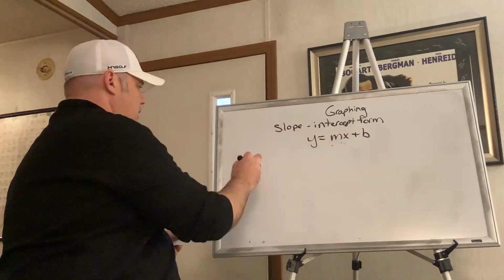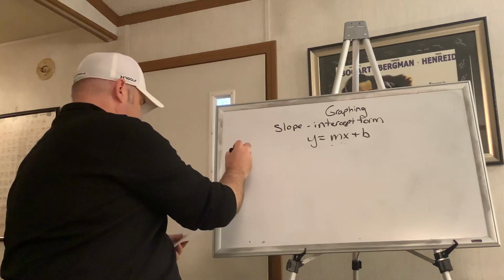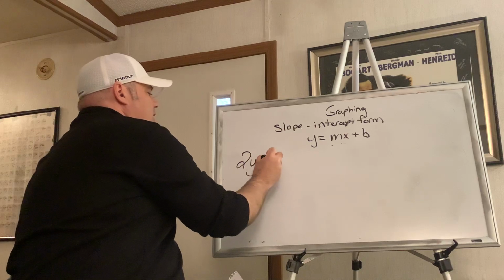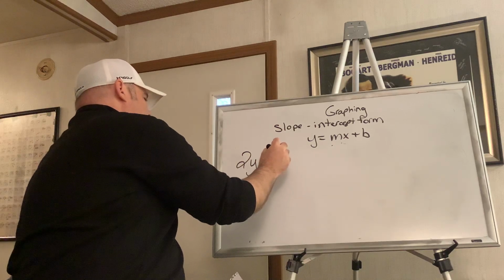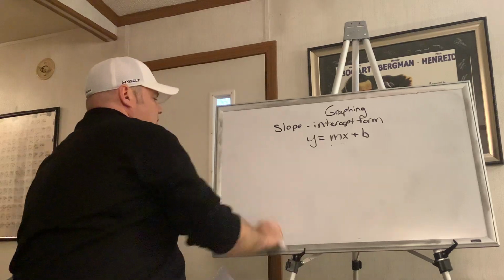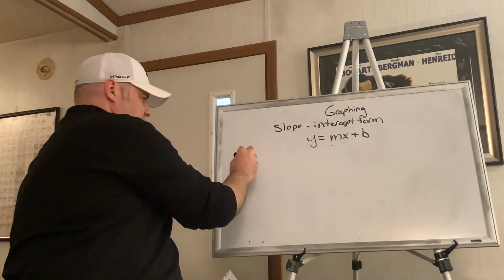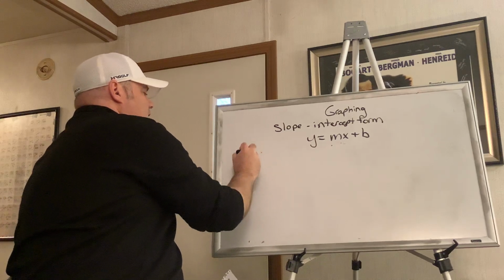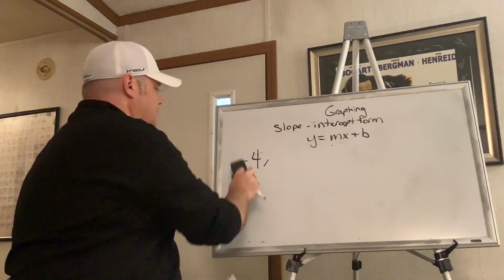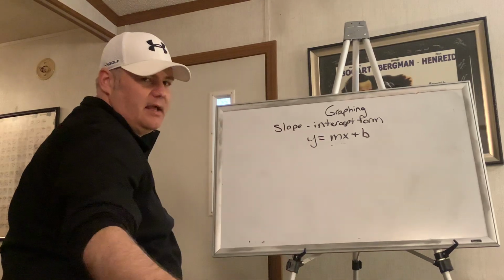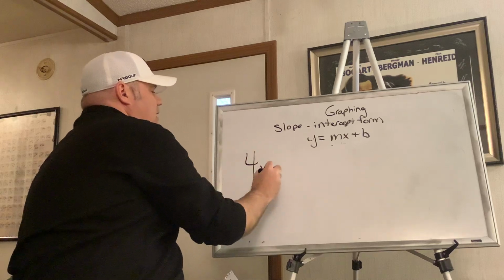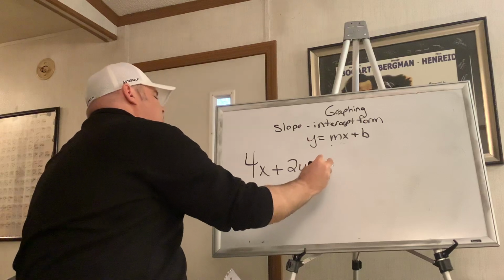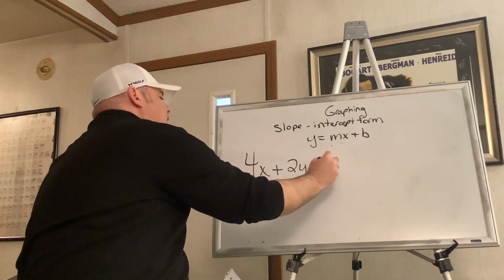Okay, so let me see if I can do this real quick. I'm going to make this one up. Let's do one like this and really get into it. Let's go negative 4x. Oh no, my goodness. I can't edit, but 4x plus 2y equals, let's go ahead and make this negative 2.